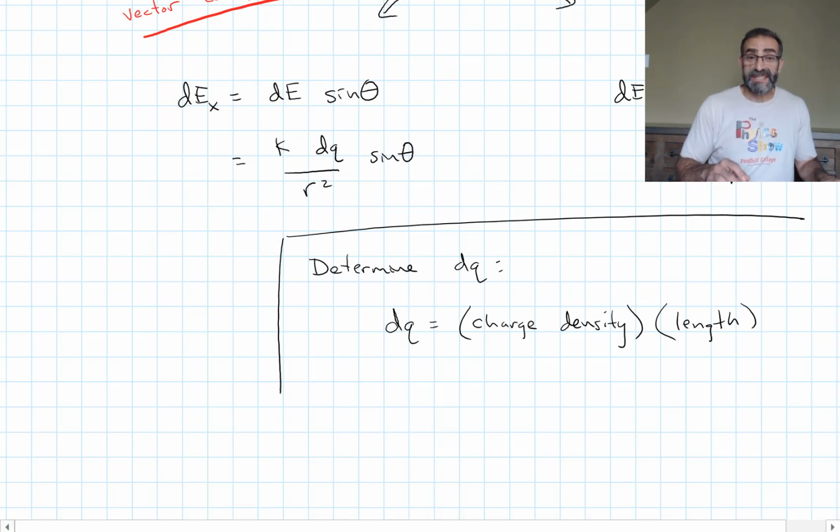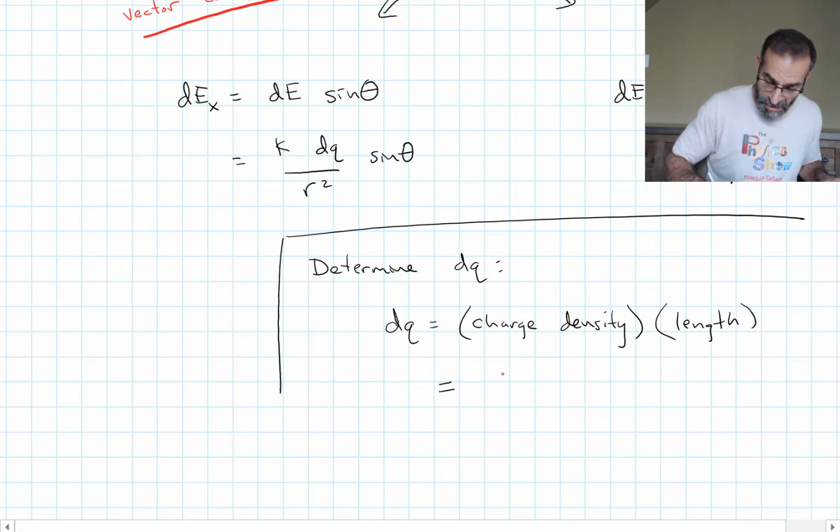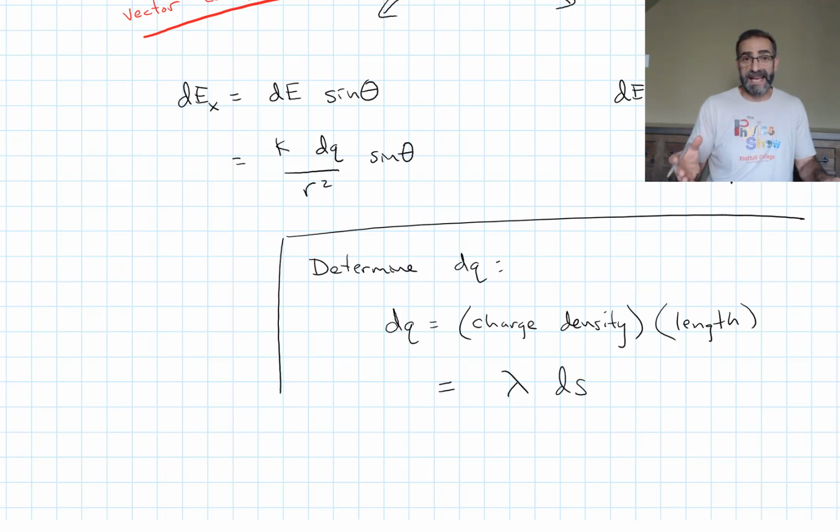So our charge, dq, the amount of charge in this little chunk, is equal to the charge density multiplied by the length of that little chunk. In this case, we're calling it dx. For charge density, we use the symbol lambda for a one-dimensional charge distribution. In general, we use s for arc length, or ds for some small length element.